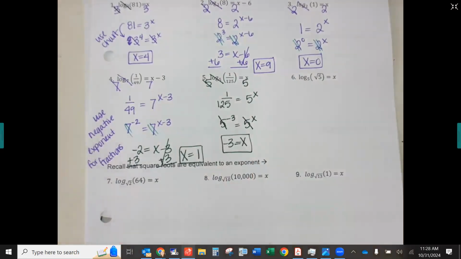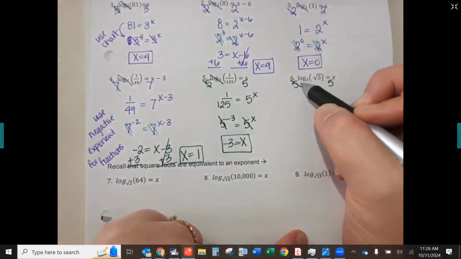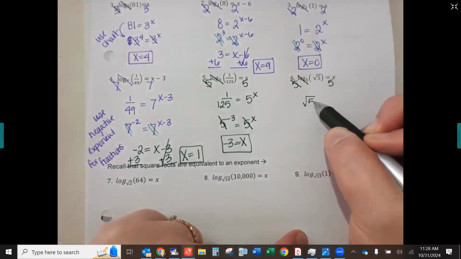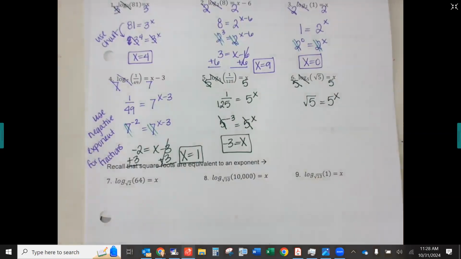All right. Take a look at number 6. What's my little number? Log little 5. So I have root 5 equals 5 to the x. Now, last class, we talked about this. If I have a square root, think back in your brain, what power is a square root the same as? 1/2.